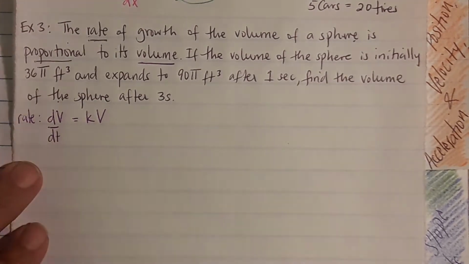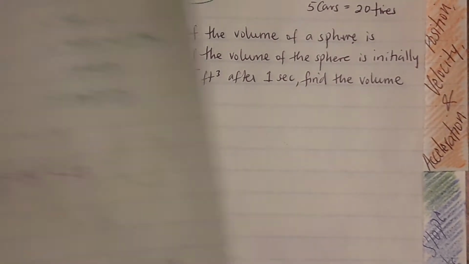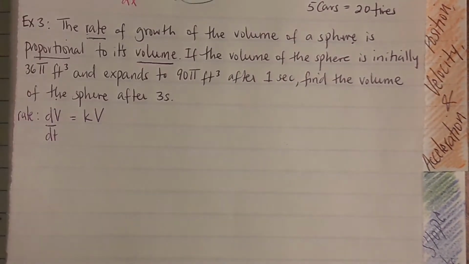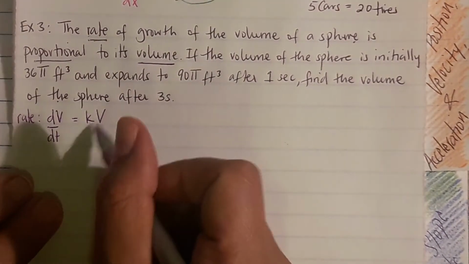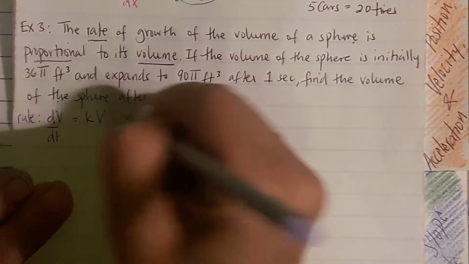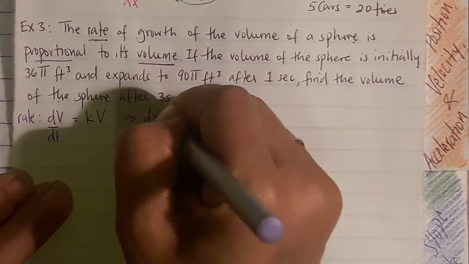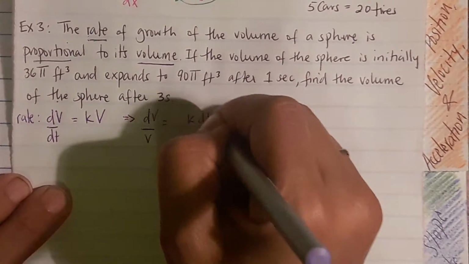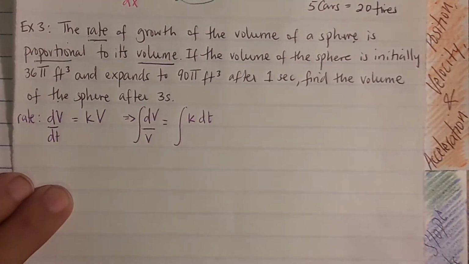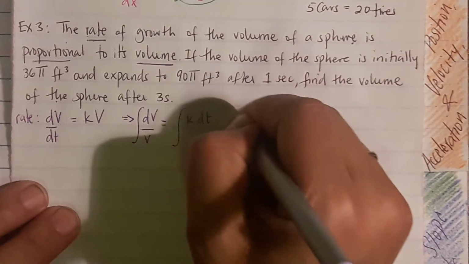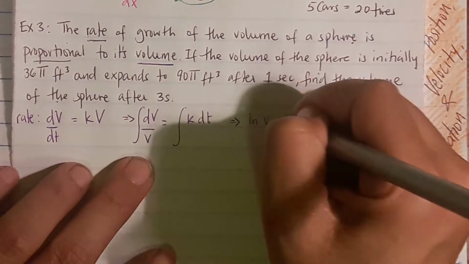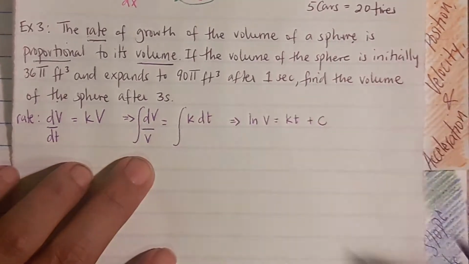This is just separation of variables. Integrate both sides, but first you need to put the V's with the V's and the t's with the t's. So it's going to be 1 over V dV equals k dt. Integrate both sides. So we're going to get again log of V equals kt plus c.